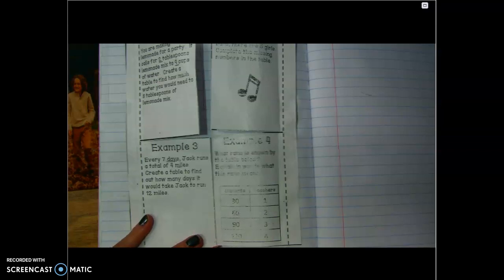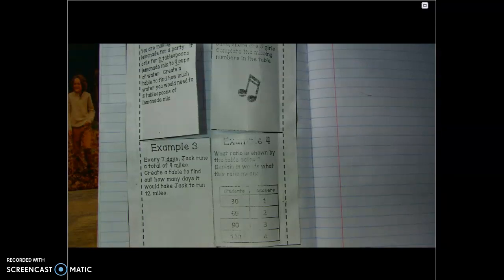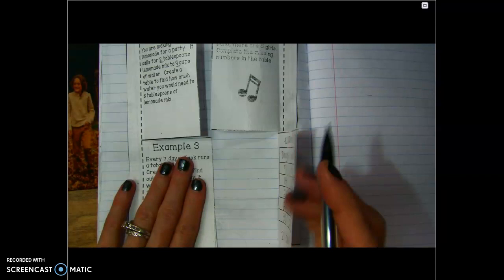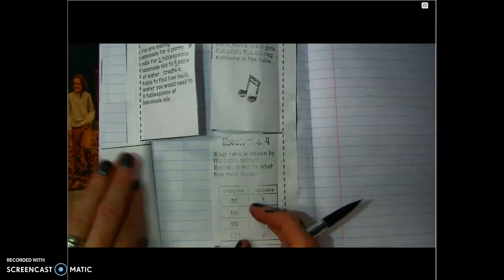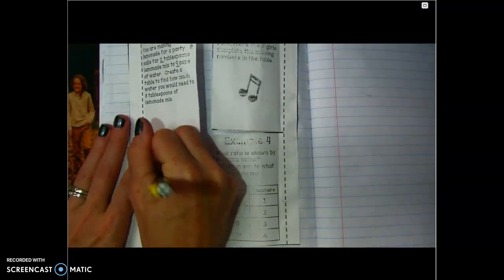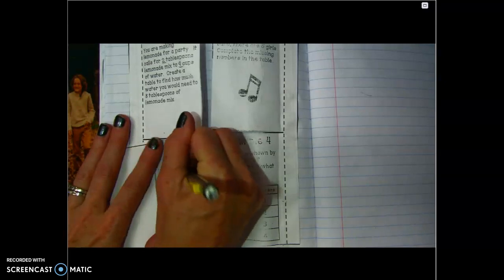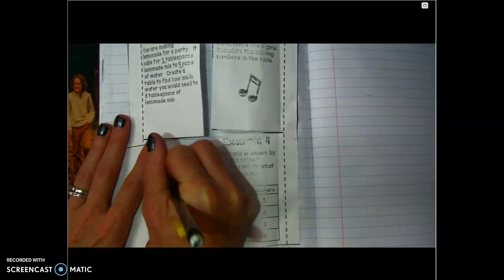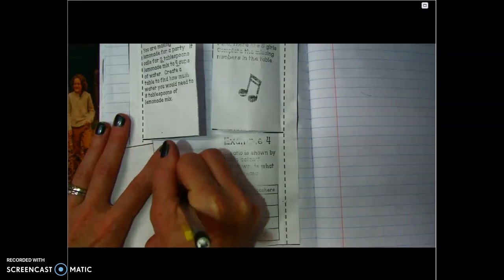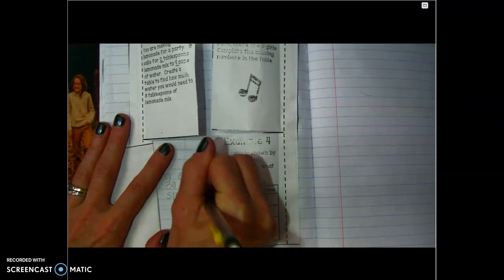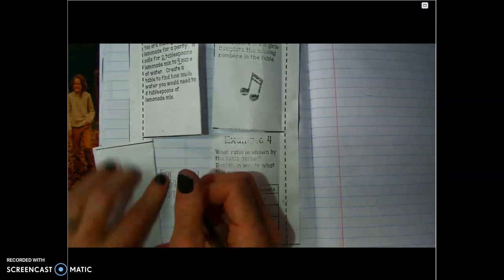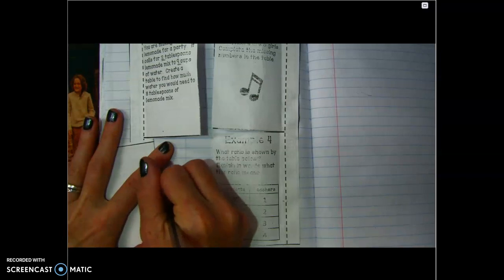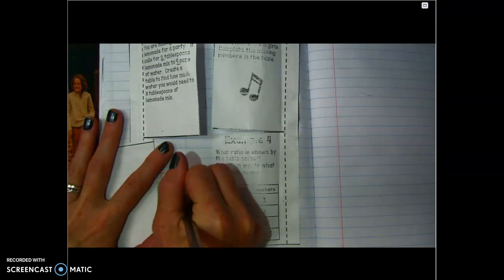So if I was going to write this in words, how would I write this in word form to explain this ratio? For every how many students? For every 30 students, there is how many teachers? 1.